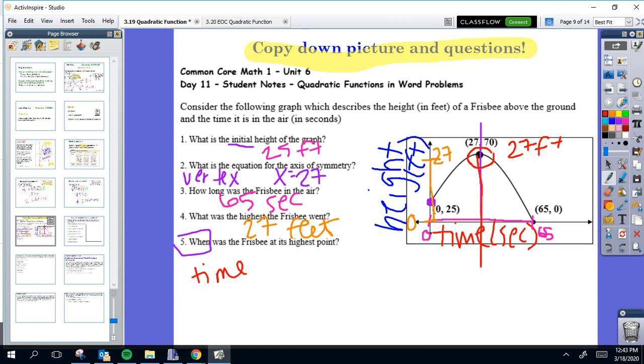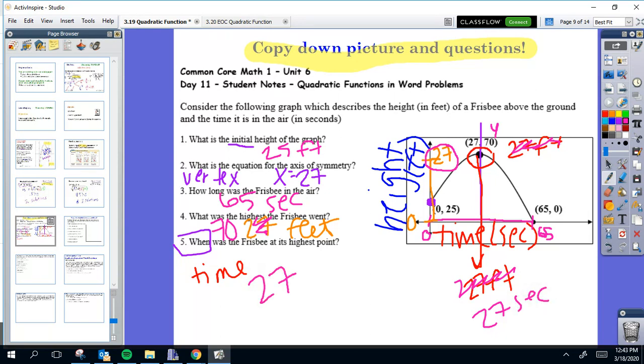This 27 is actually the time, and the value right here is not 27 feet. It's the y value, and 70 is the y value. So the highest value is actually 70 feet. And then the time when that occurs is 27 seconds. Yep, 27 seconds. So make sure you understand the x and the y so you don't confuse them just like I did.